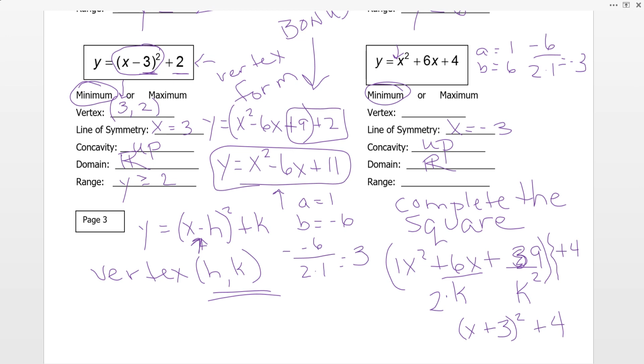And that's not right either. Okay, we're going to stop right here, put a big old fat question mark, and we're going to talk about this in class before we start our practice.